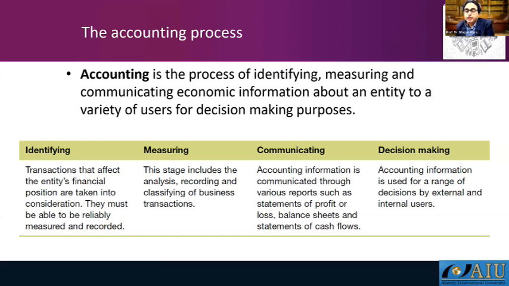There are two types of audience for which this accounting information is absolutely necessary: the external audience and the internal audience. In the following slides, we will explore who the external users of this accounting information are and who the internal users are.